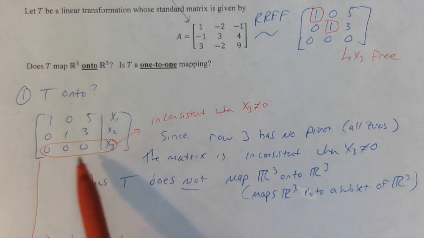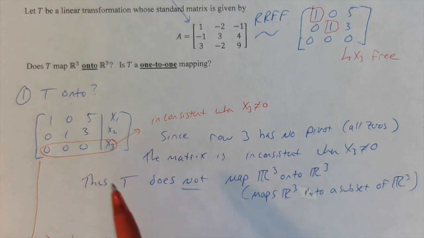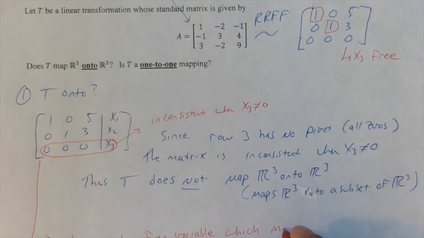We can't write the solution down because it doesn't have a solution, right? This is inconsistent. But what I want to mention is the solution has a single free variable, which means T will span a one-dimensional subset of R3.